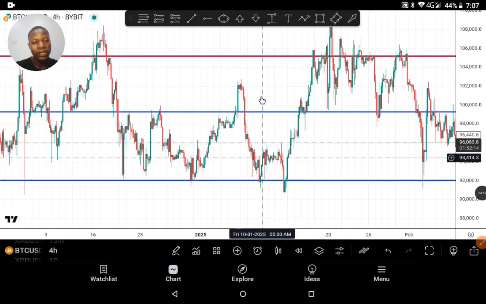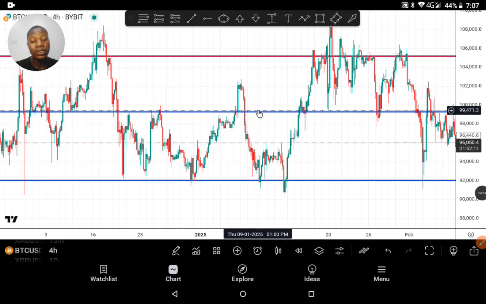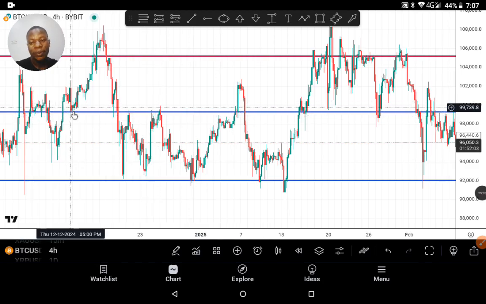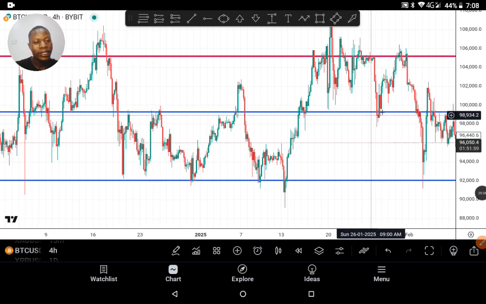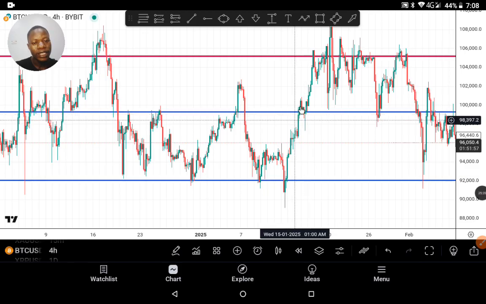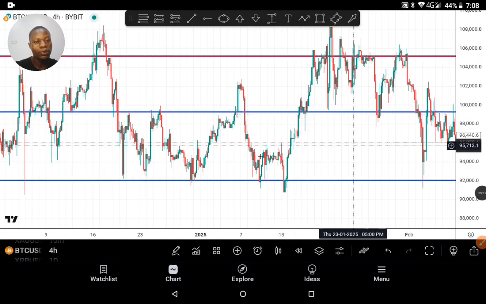This is a daily support, daily resistance. However, don't label it as a resistance because resistance will definitely turn to a support at some point. It was a resistance here, it was a support here, it worked as a resistance here, and here it's working as a support. Even here, immediately the market broke up, it came to retest it and served as a support to push the market.